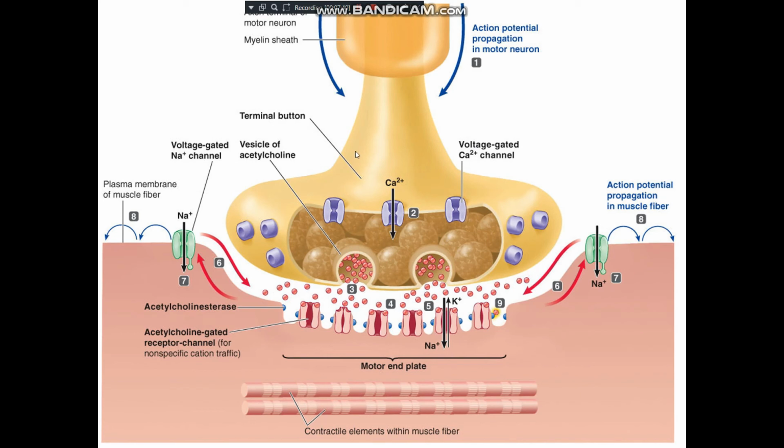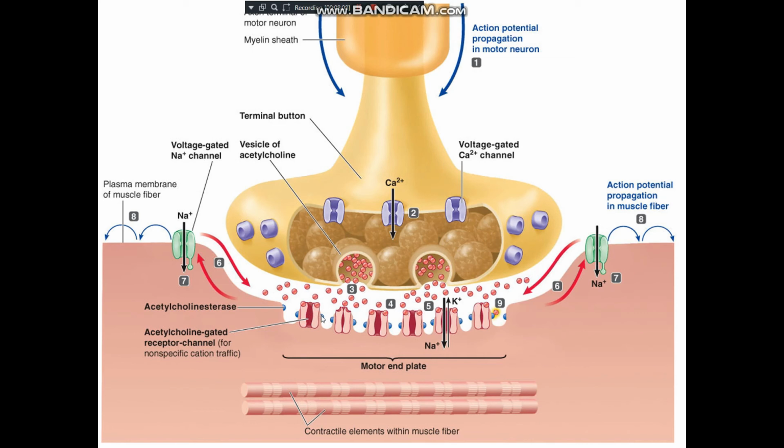Now, when the action potential reaches the terminal button, the acetylcholine, the neurotransmitter stored in the vesicles, is released. Once this acetylcholine is released into this neuromuscular cleft, this gap, on the muscle membrane there are acetylcholine gated receptor channels.